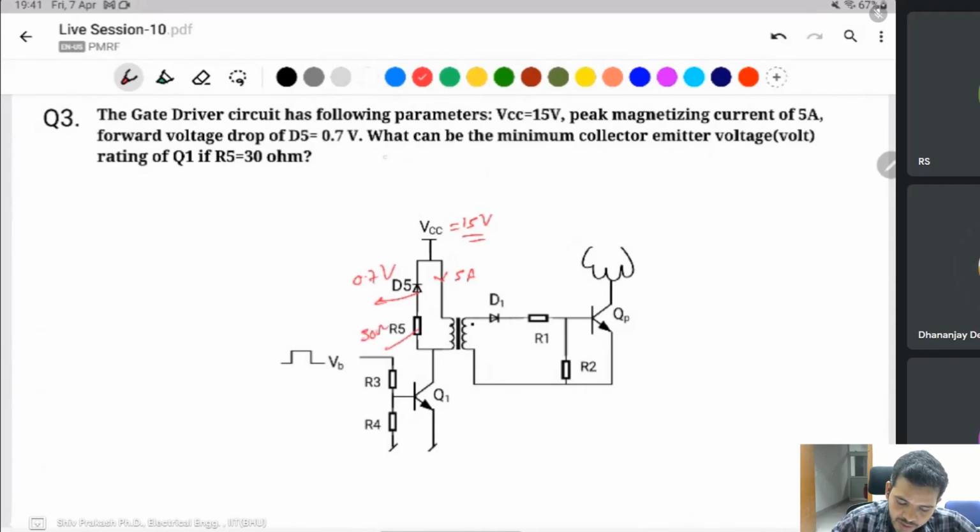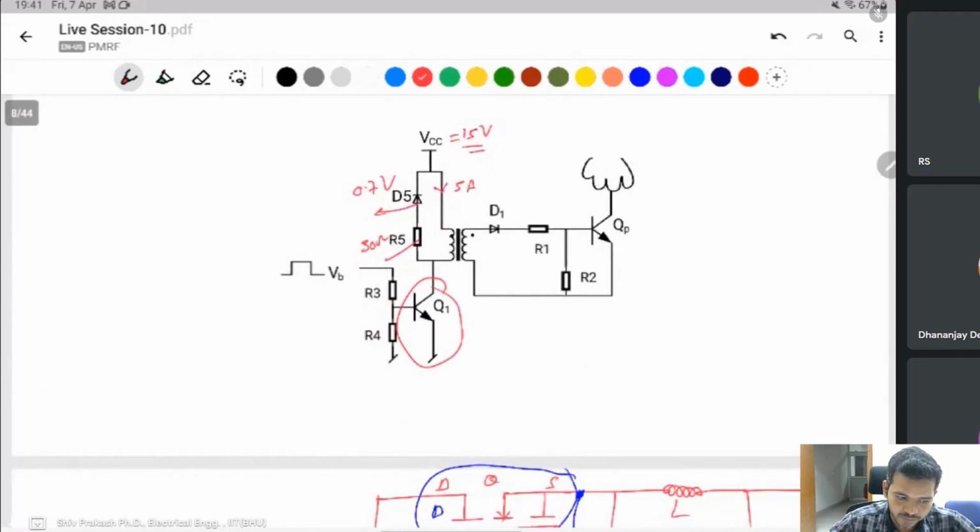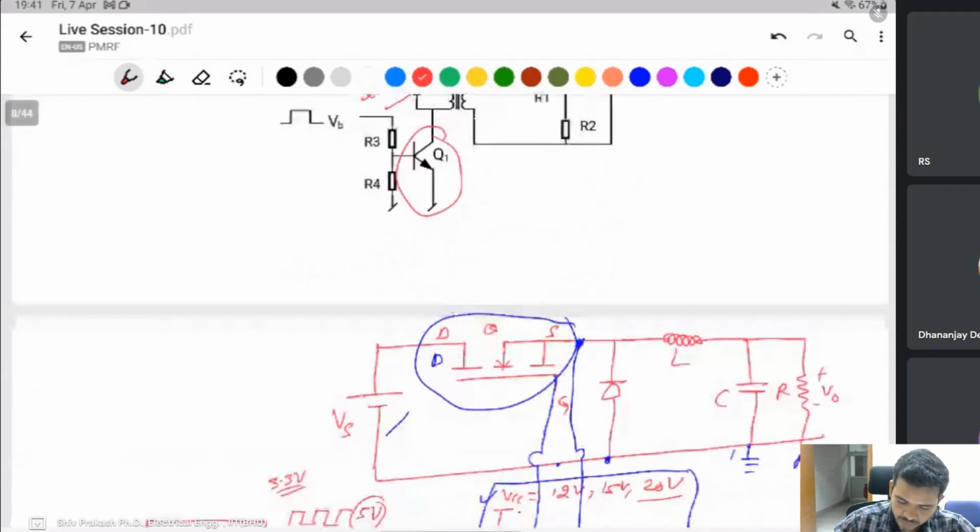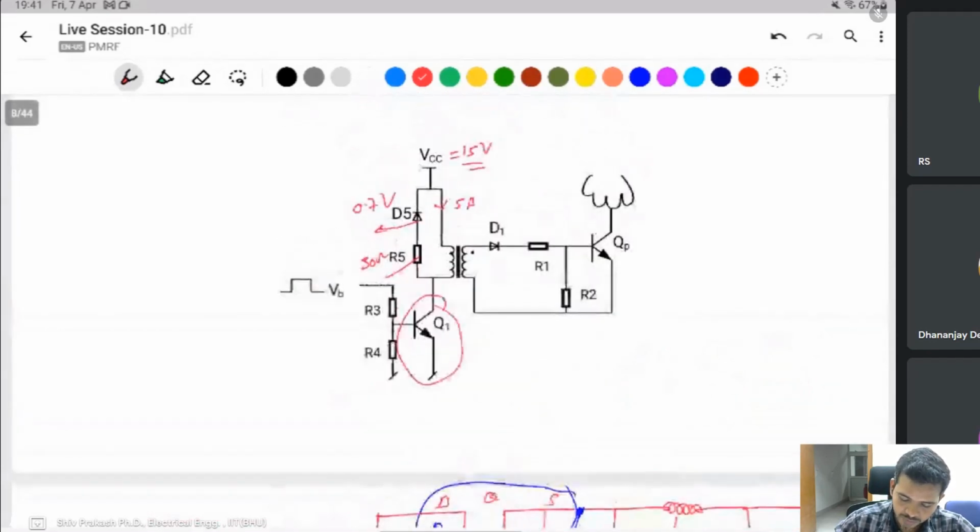Then what can be the minimum collector emitter voltage rating for Q1? I draw the circuit only for this one.